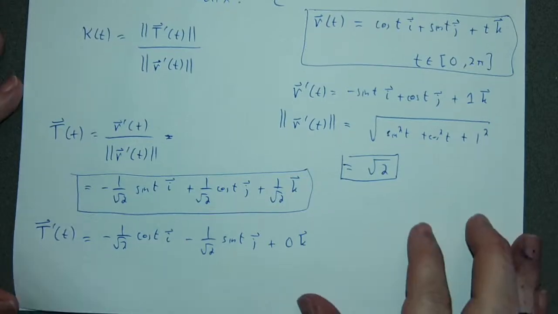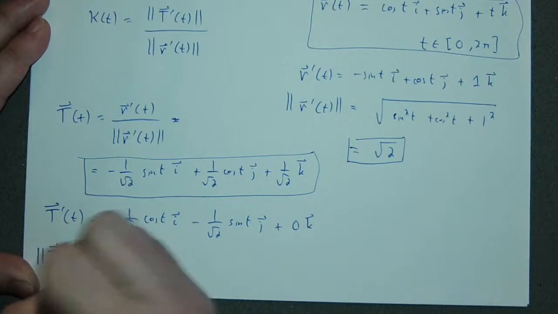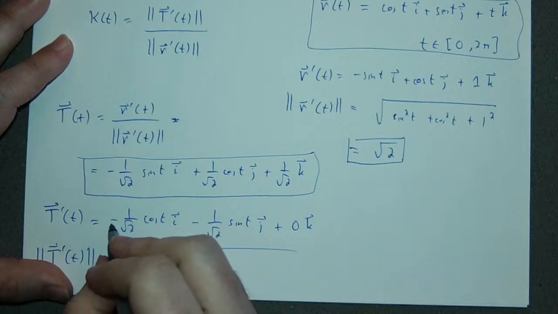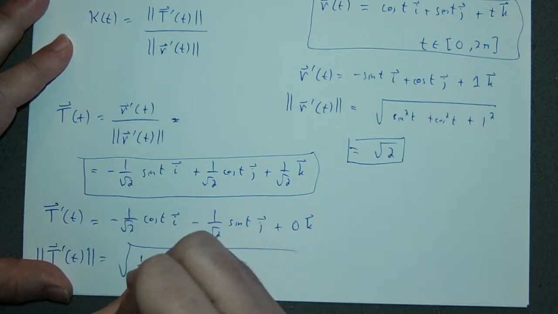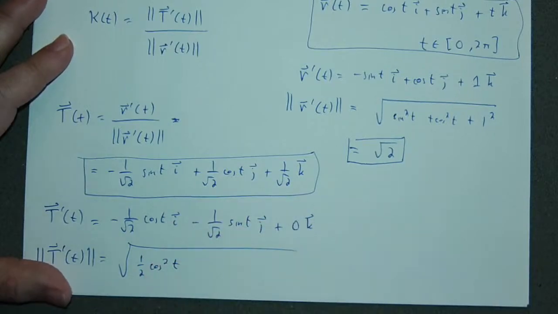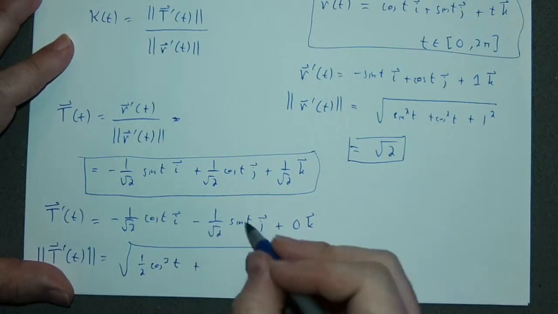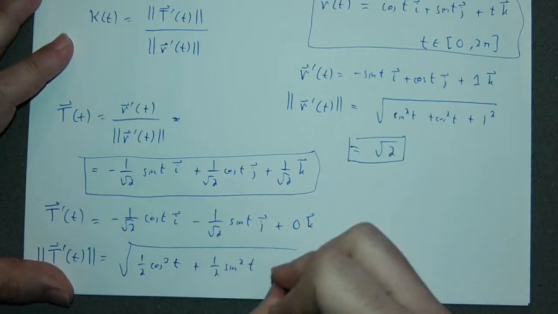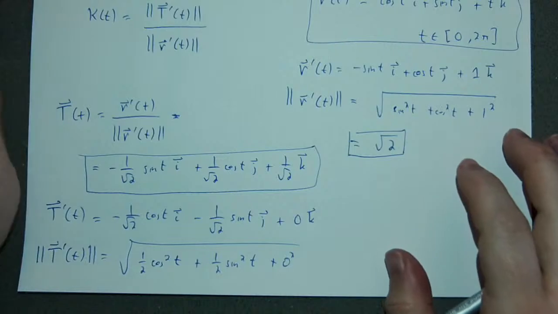Okay, and so now I take the length here. The length of T prime of t is the square root of minus 1 over root 2 cosine t all squared, which is, of course, 1/2 cosine squared t, plus minus 1 over root 2 sine t all squared, which is 1/2 sine squared t, plus 0 squared. Right, that's the last component.